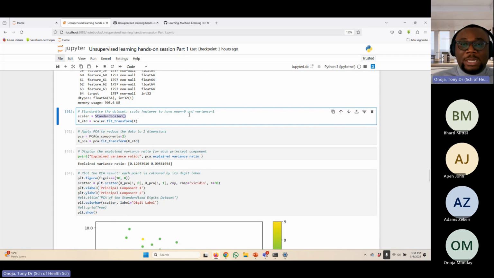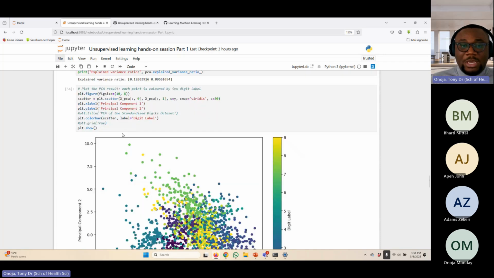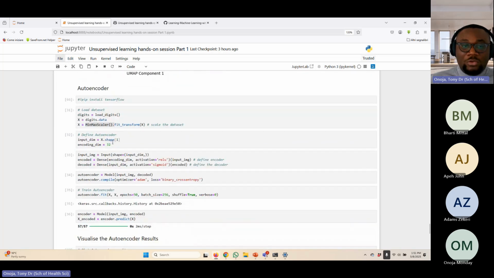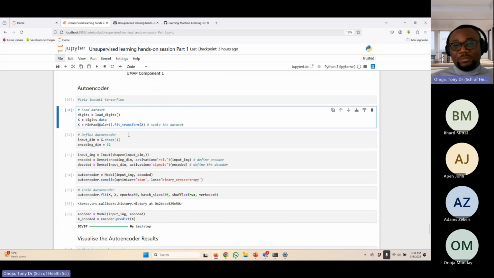But what the standard scaler does is basically standardize them around the mean, zero mean, and also one variance. However, the min-max, on the other hand, looks at the minimum and the maximum in the data set. So they are not the same, but they are all doing the same thing. They are all scaling. The only difference is that it looks at the minimum and also the maximum, and then uses them to divide the actual variable.